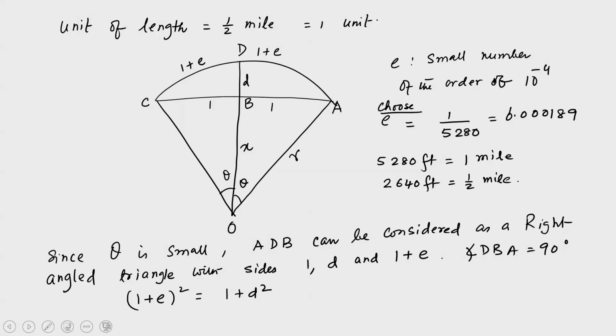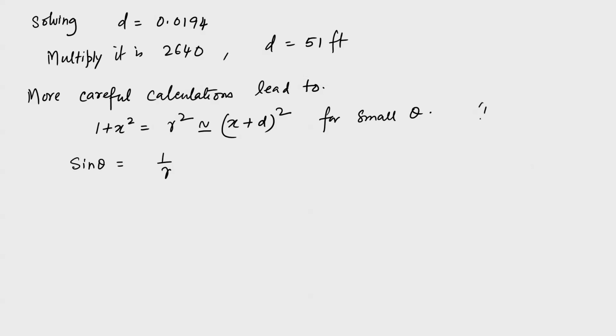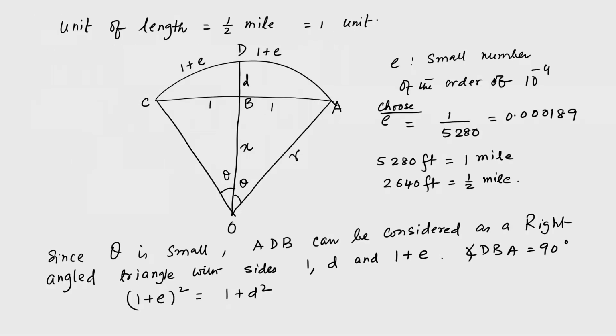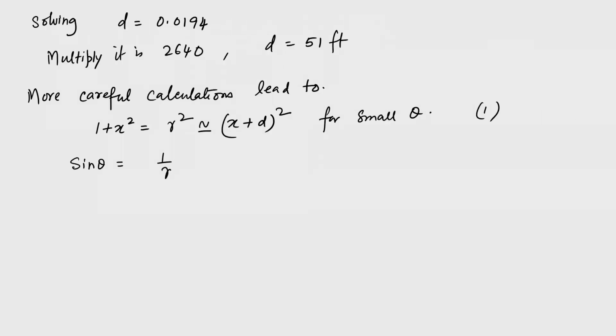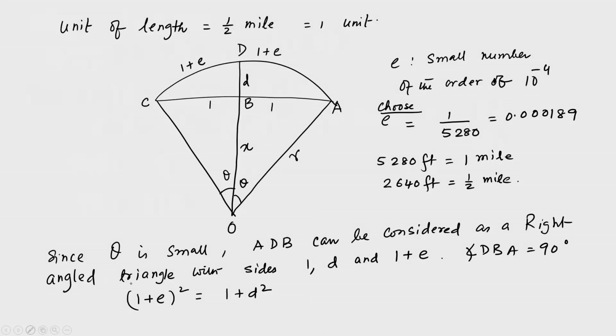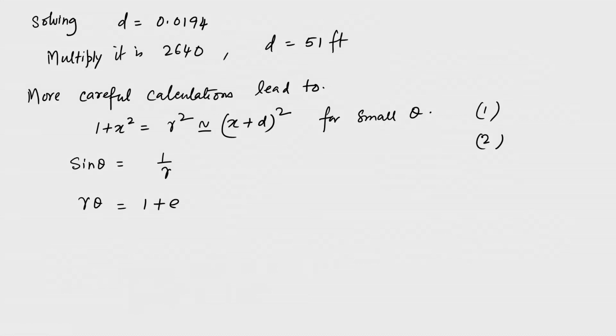Let us call this equation 1, sin theta as 1 over r, because this is 1, that is the perpendicular by the hypotenuse, that is 1 over r, and then it is r theta equal to 1 plus E. Now, we are taking into account that r into theta is an arc which is 1 over E, and as we have said that E equal to 0.000189 and so on.